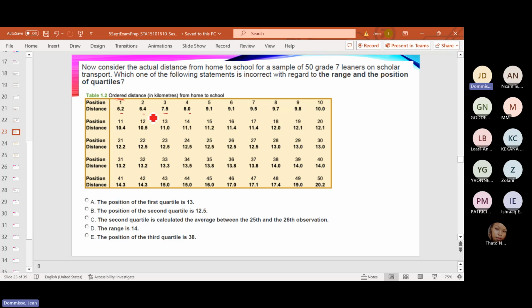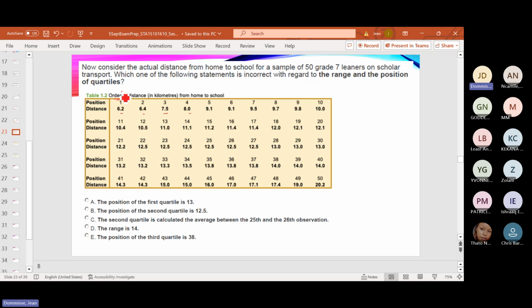So if I don't say it's ordered, please just make sure it is, because it might be that they start off with the data ordered and somewhere in the middle they change it up a bit. So be very careful when you are getting a data set that you are 100% sure it is ordered. They tell us it's ordered, and they will not tell us it's ordered and then do something different.